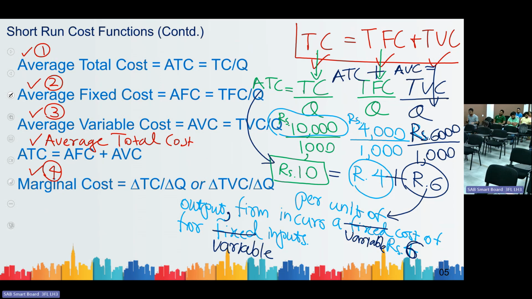Average total cost of 10 rupees equals average fixed cost of 4 rupees plus average variable cost of 6 rupees. So that's what it mentions here. Average total cost equals average fixed cost plus average variable cost.